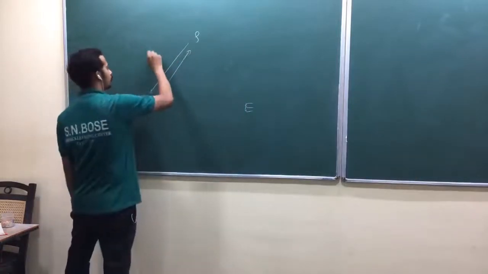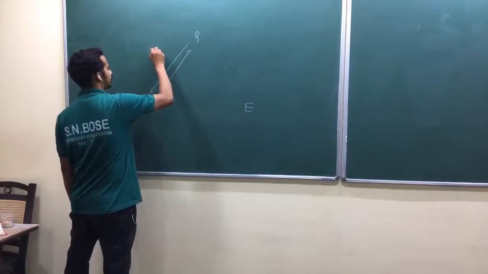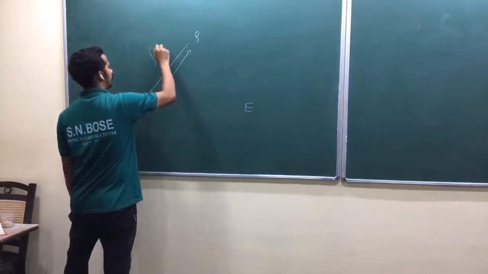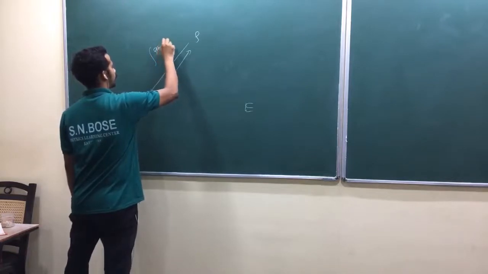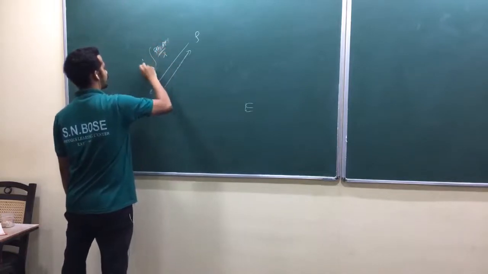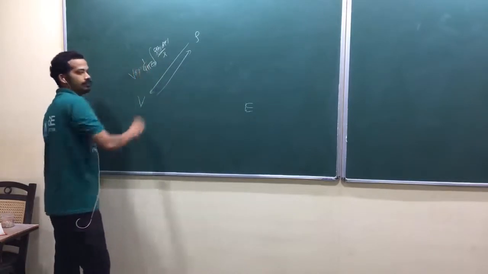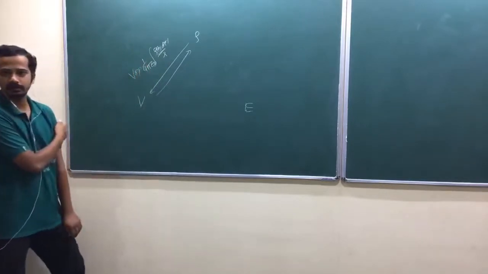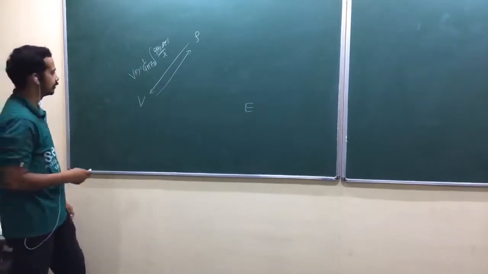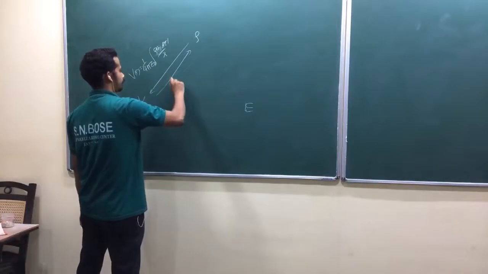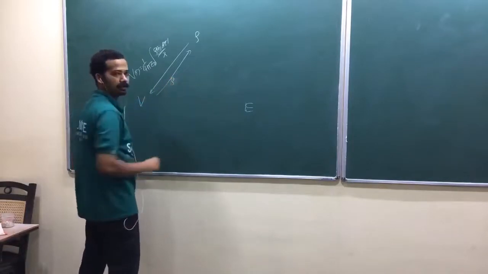If you have rho, suppose it is a finite charge distribution, V of r is the integral of dq by script r, that is rho of r prime d tau prime divided by script r. Isn't it? You'll get the potential using the charge density. If you have the potential, how do you get rho? Rho by epsilon naught, am I right?